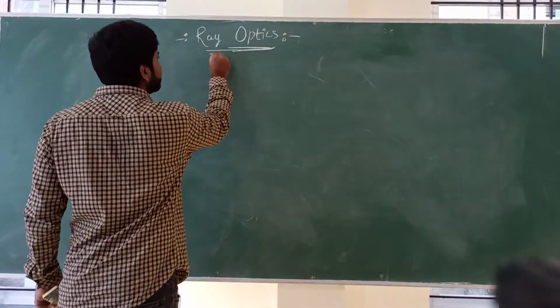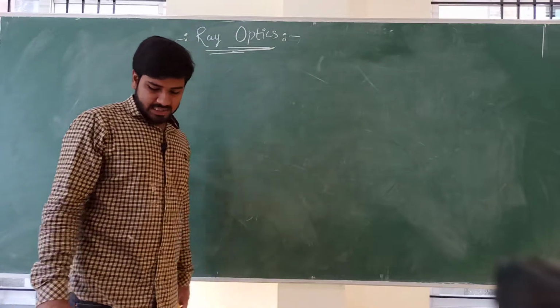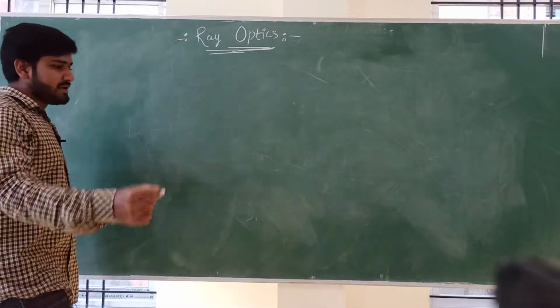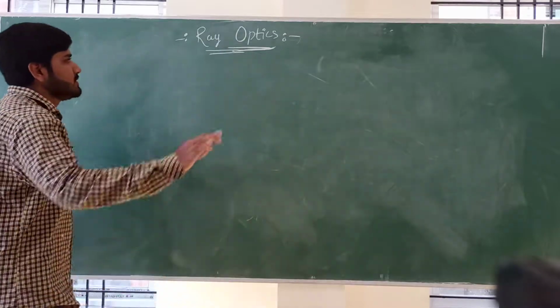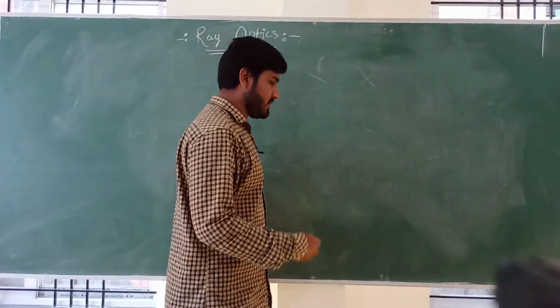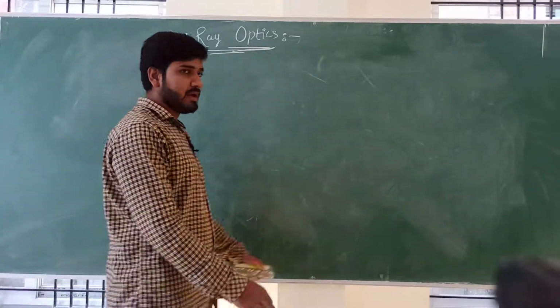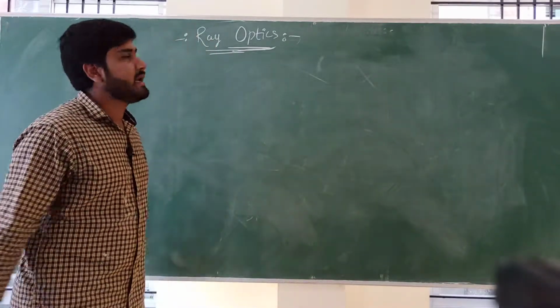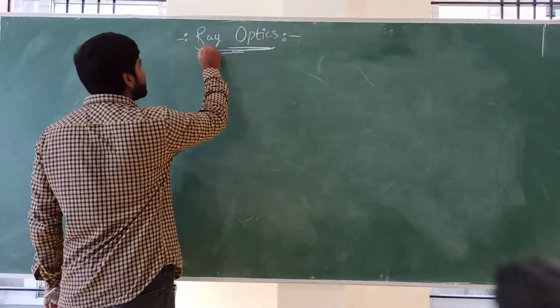In that, the first chapter that we are going to study is ray optics. It is a little bit confusing, but I will not create any confusion for you. Don't worry, just follow whatever I tell. Understand it properly, and you are going to understand every concept in that.